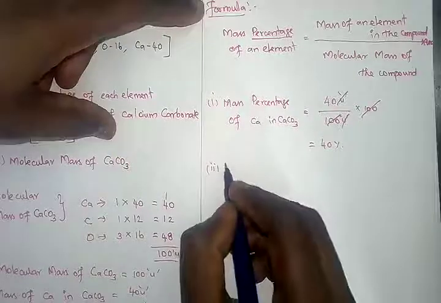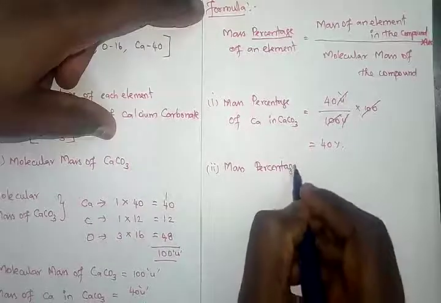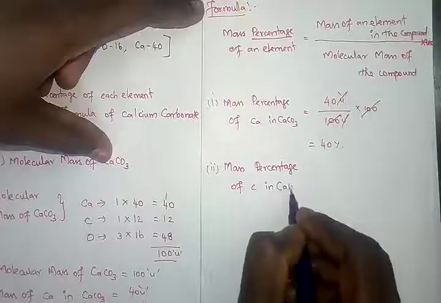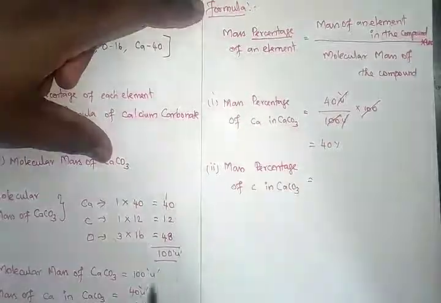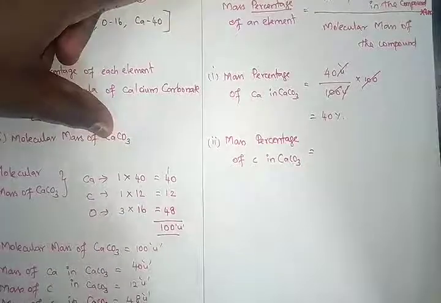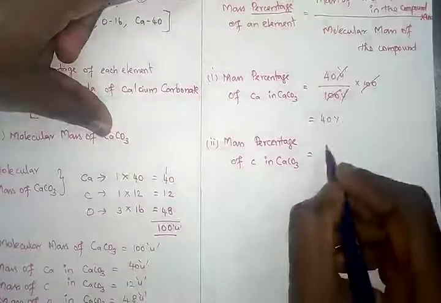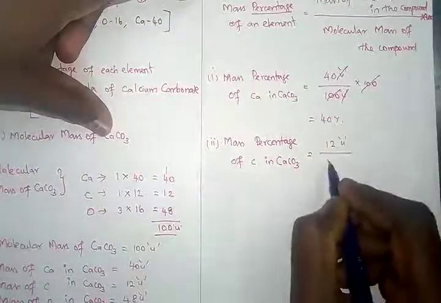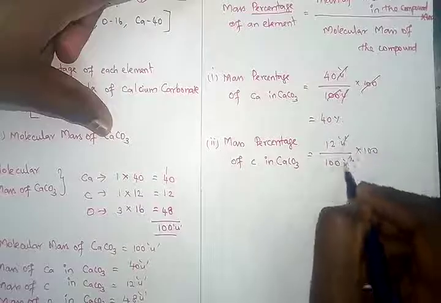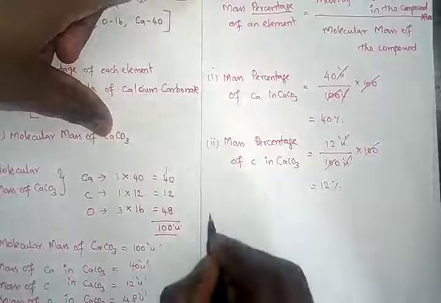Next one, mass percentage of carbon in calcium carbonate. What is the weight of carbon, my dear children? 12. We have calculated mass of carbon in calcium carbonate is 12. So we can apply that formula. So 12 U divided by total mass 100 U into 100. So U gets cancelled, 100 gets cancelled. So 12% it is.